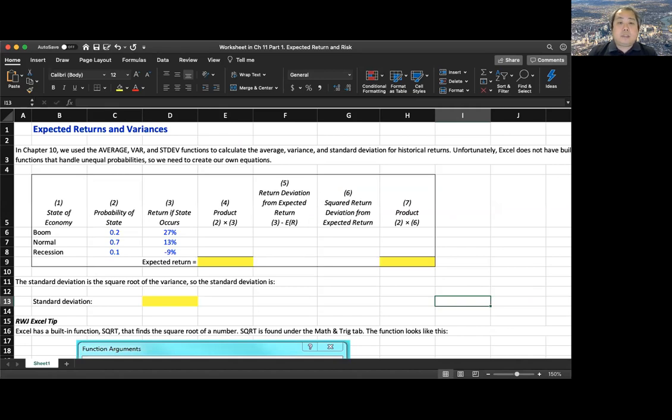First, we need to find the product of probability and return in column 4.